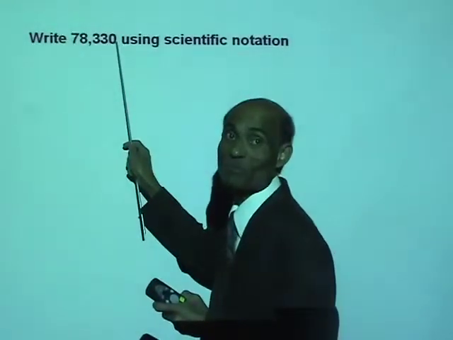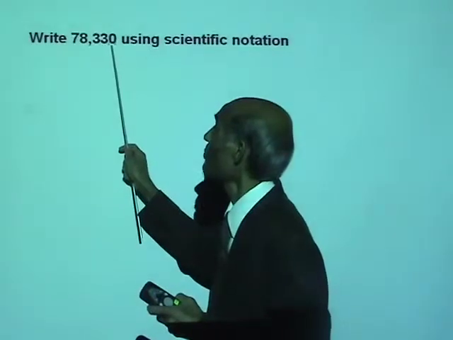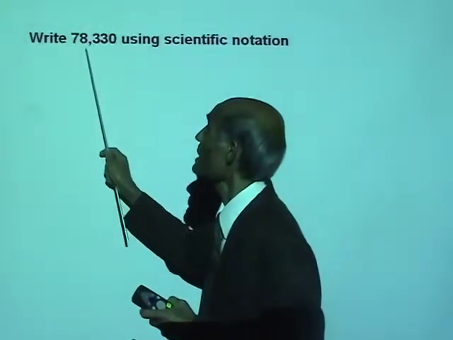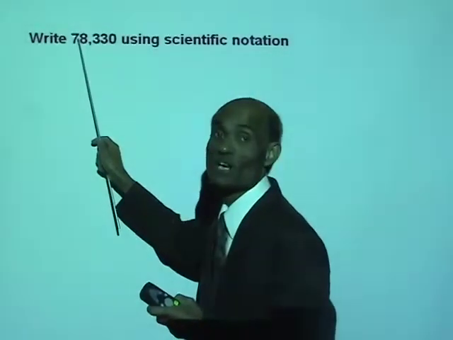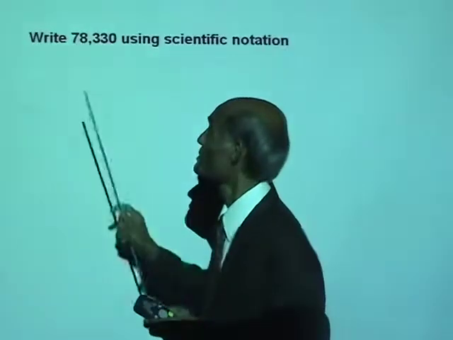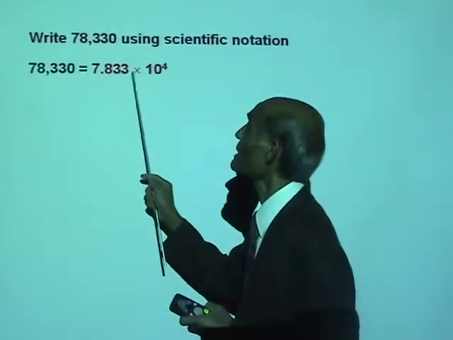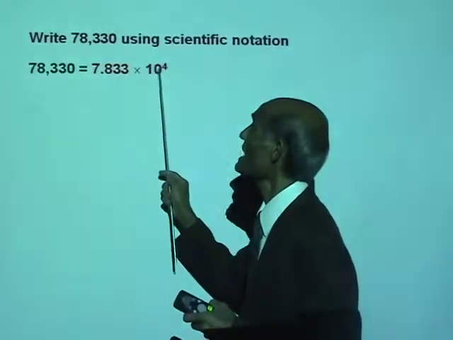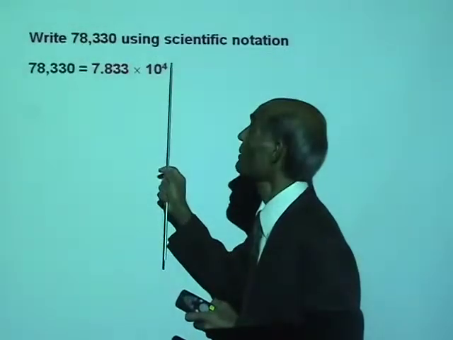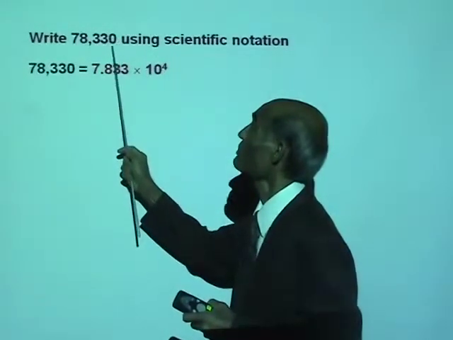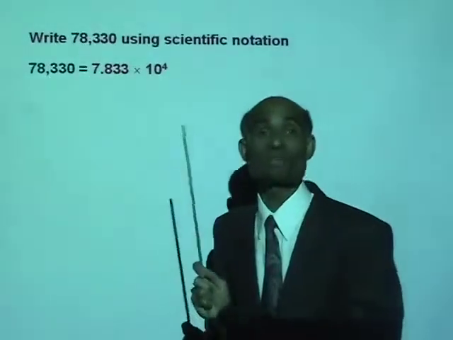This is where the decimal point is. Move it 1, 2, 3, 4 places so that it will be now to the right of the first digit. That is 7.833 multiplied by 10 to the power 4. 4 because the decimal moved 4 places to the left.